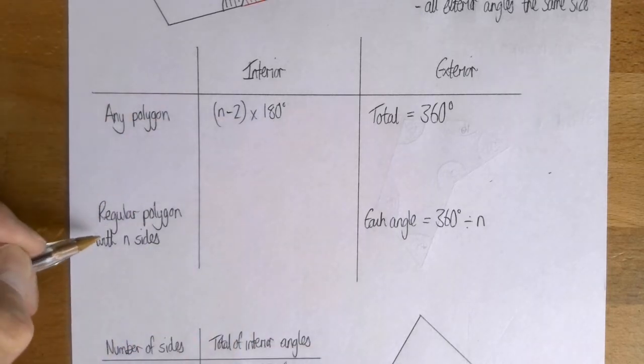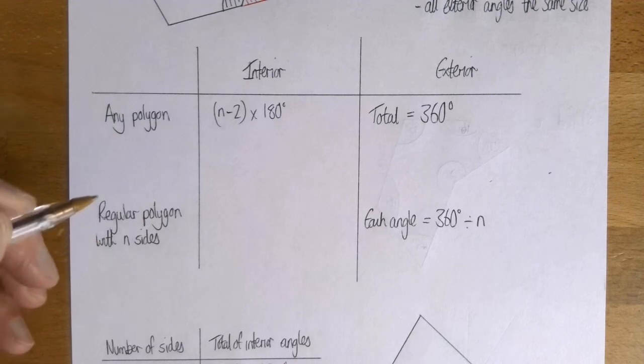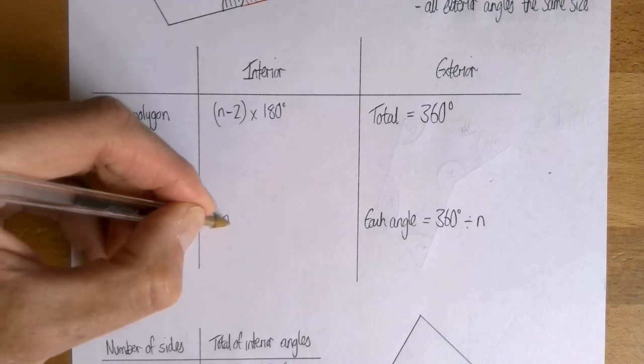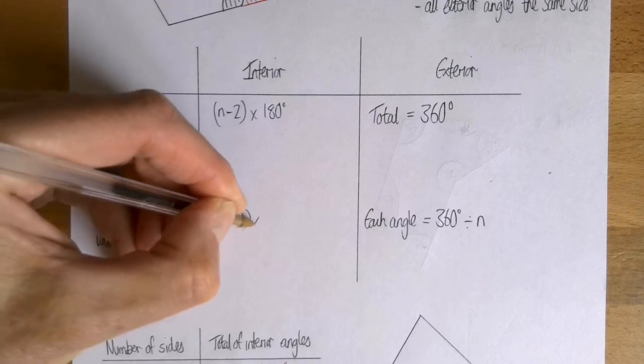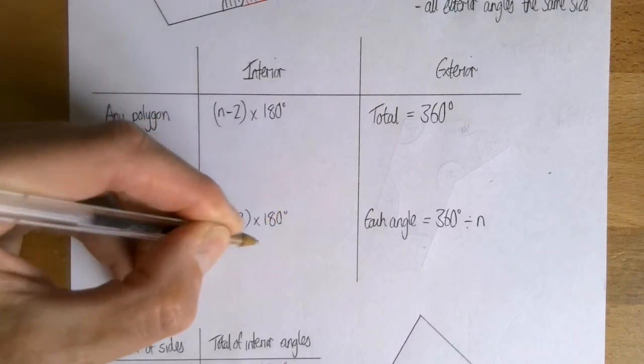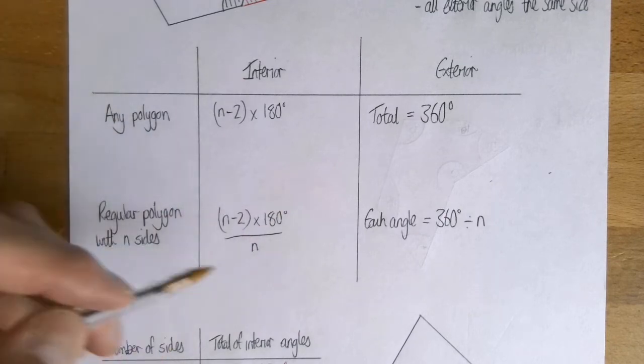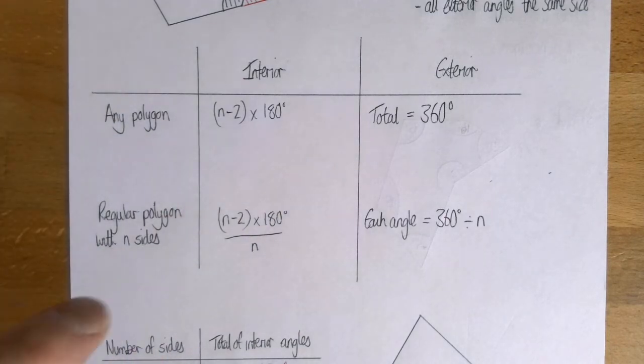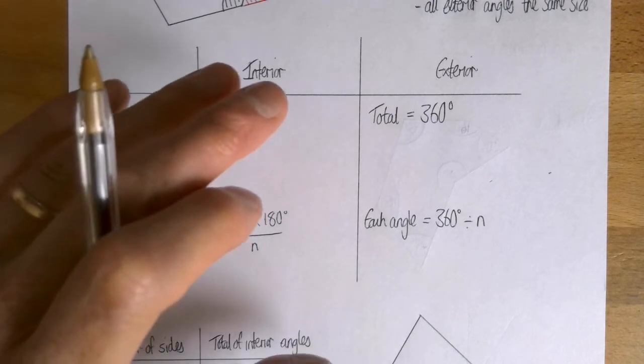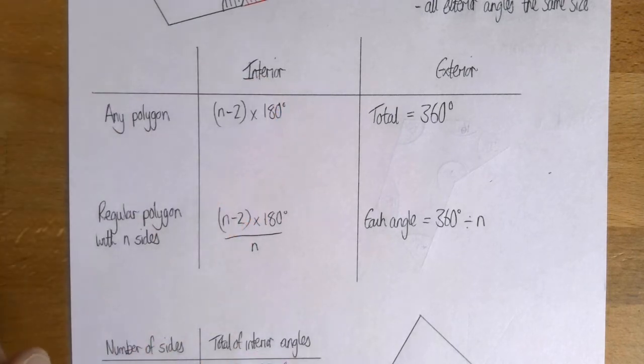If it's a regular polygon, all of those are the same size, so that's what the total is. All I do is divide that by the number of sides. Now that looks like a horrible calculation. We better do an example just to make sure that you understand how to do that. But that table is certainly something which I think is worth having in your notes.